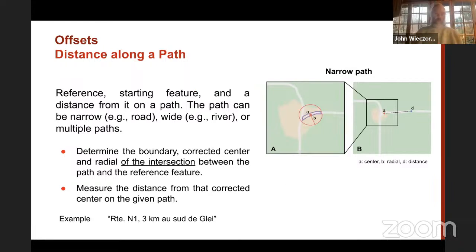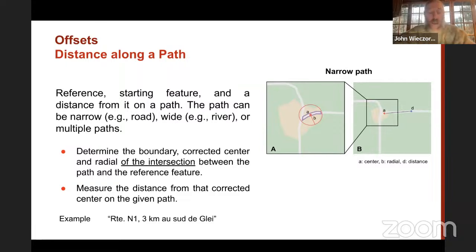So this is a situation where there is a distance given, and it's specifically given as a distance along some path. So let's go straight to the example again. In this case, the path that they're talking about is route N1. And then the description of the offset is that it's 3 kilometers to the south of some place called Gle.